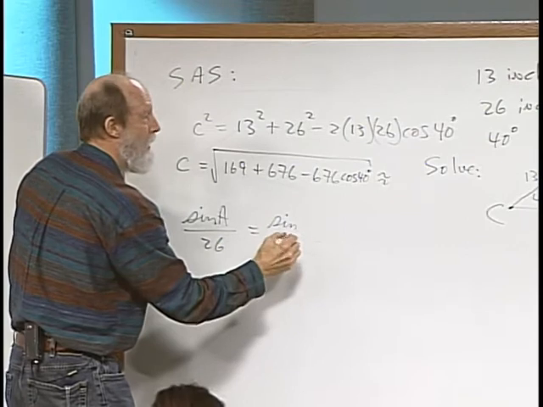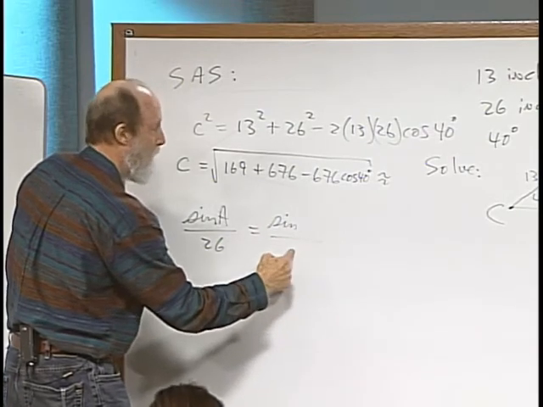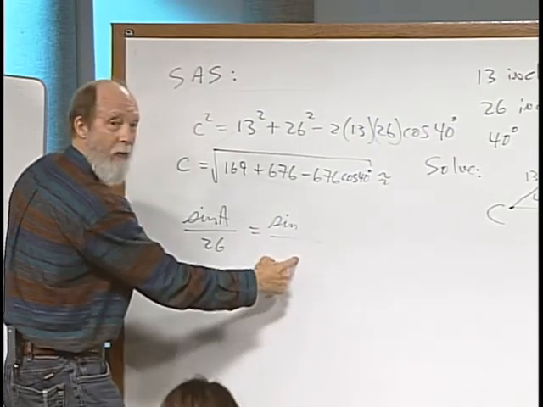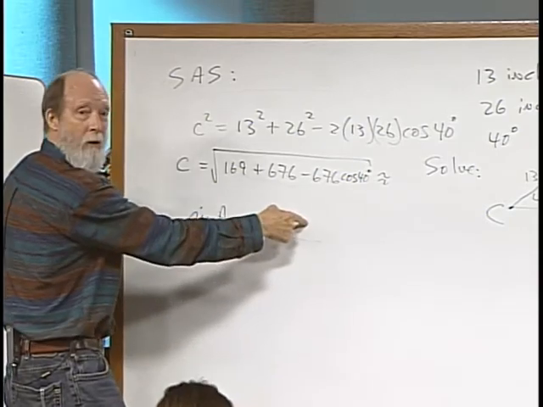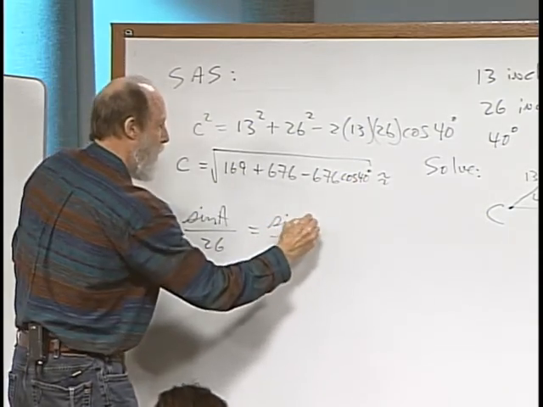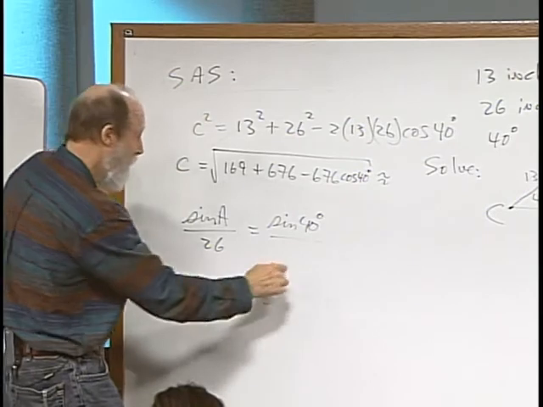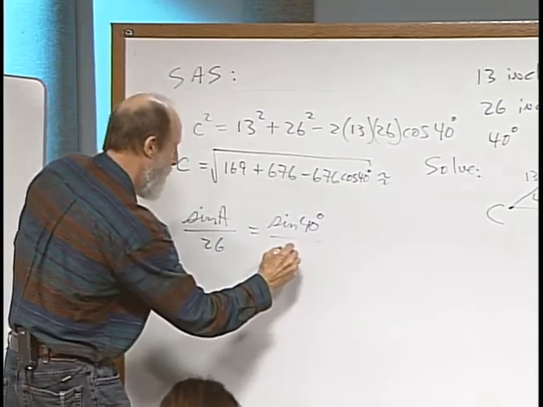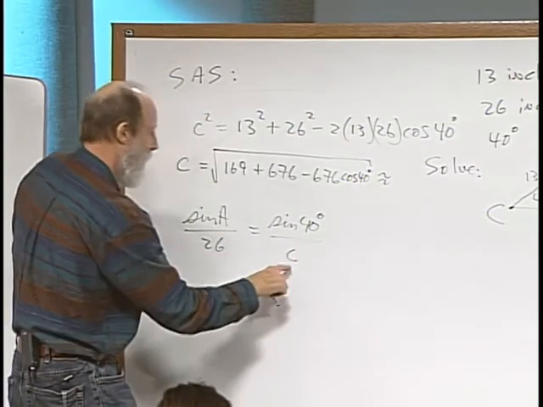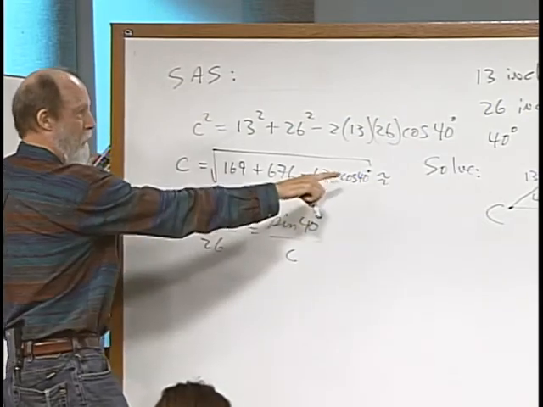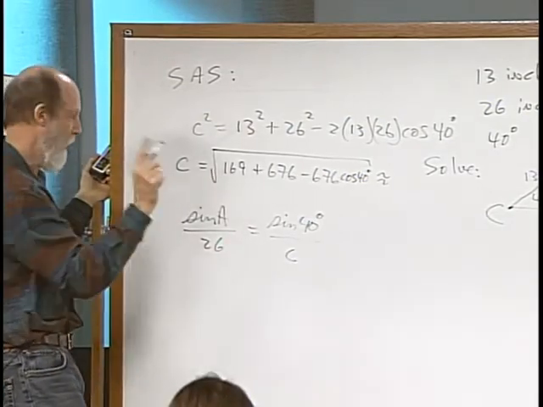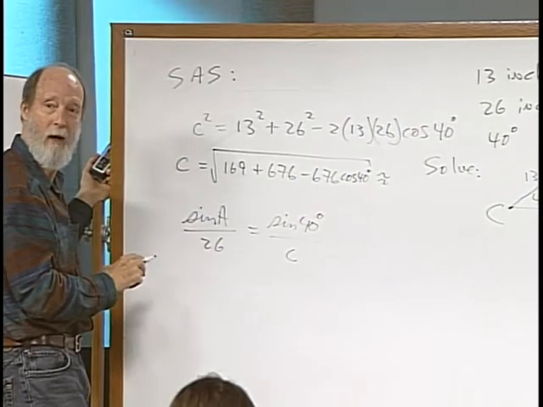The sine of 40 degrees, see, I need that combo of length and angle, divided by its opposite side, that missing piece that we have now, side C from the previous calculation.